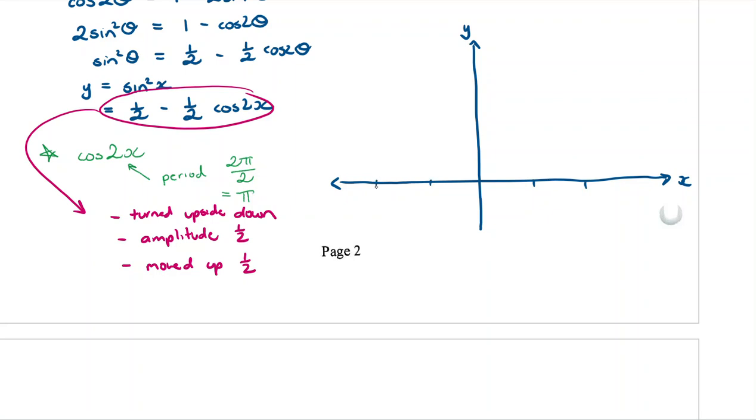Normally cos theta starts where? Yes. So I need to turn that upside down. Well, let's halve it first. I had to halve that amplitude, so it's half. Turn it upside down, which would be negative a half, and then move it up half, which is back to 0.